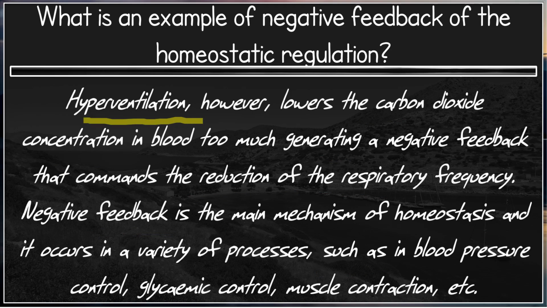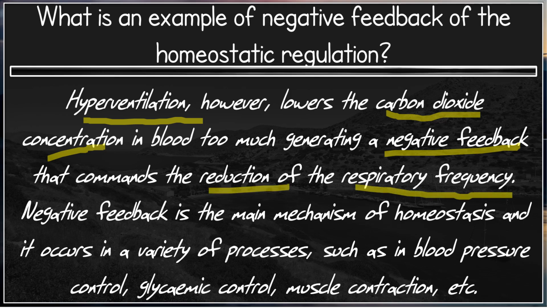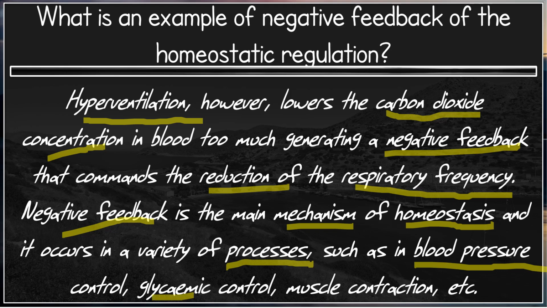Hyperventilation, however, lowers the carbon dioxide concentration in blood too much, generating negative feedback that commands the reduction of respiratory frequency. Negative feedback is the main mechanism of homeostasis, and it occurs in a variety of processes, such as in blood pressure control, glycemic control, muscle contraction, and many others.